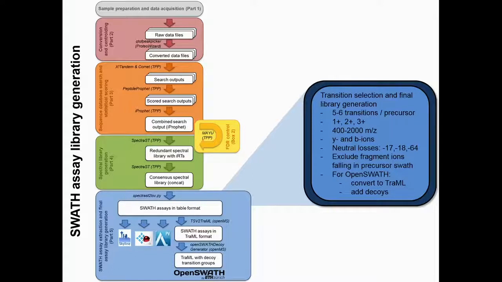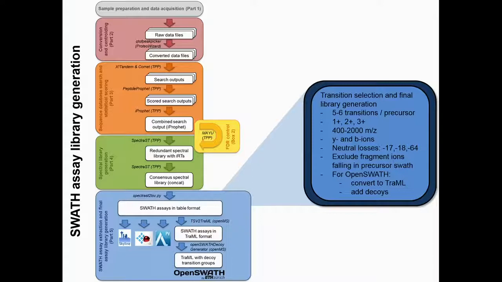We can include neutral losses, although these are not necessarily the most selective transitions. We generally exclude fragment ions that are in the precursor isolation window for the reason that there tends to be a lot of unfragmented precursors there, and this tends to be a very noisy range of the MS2 spectrum.